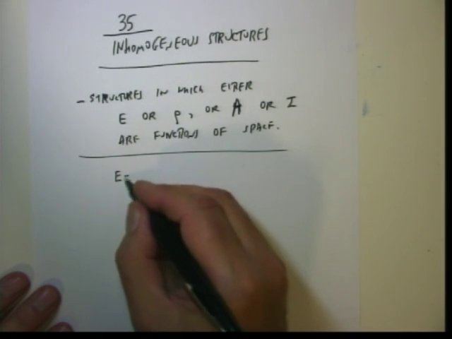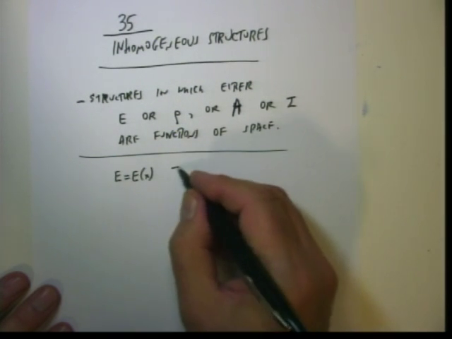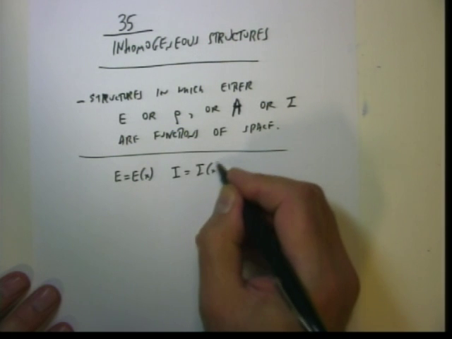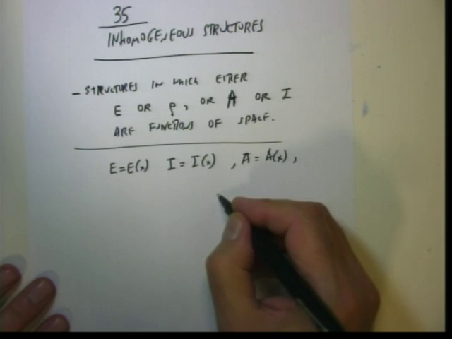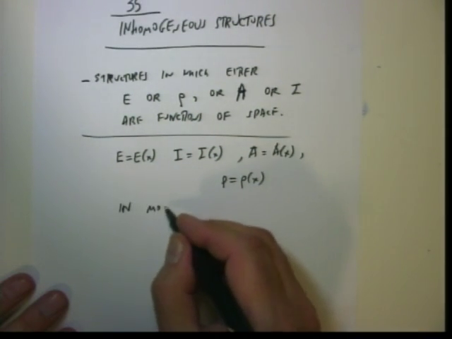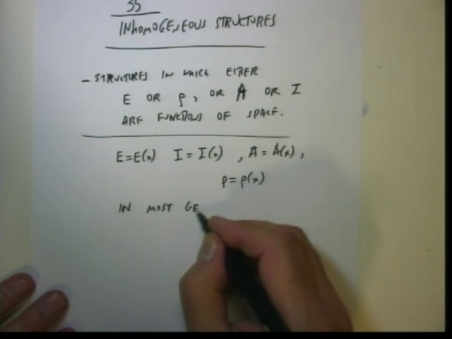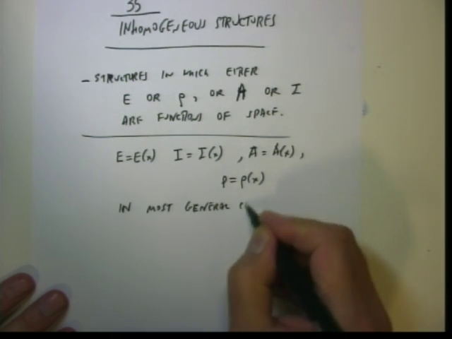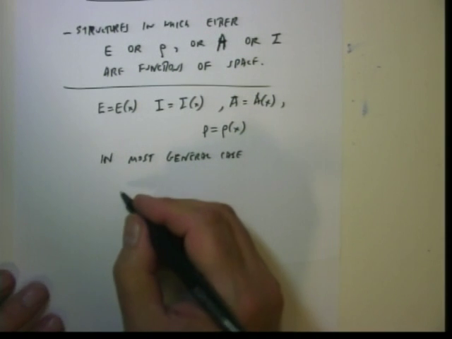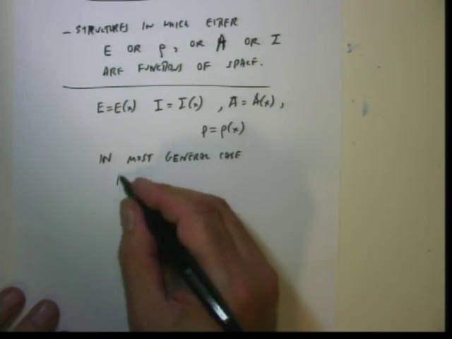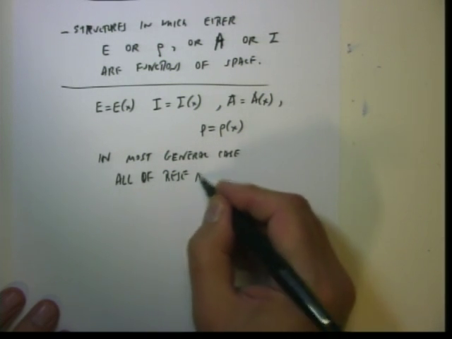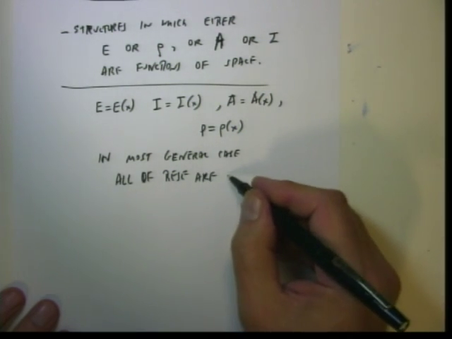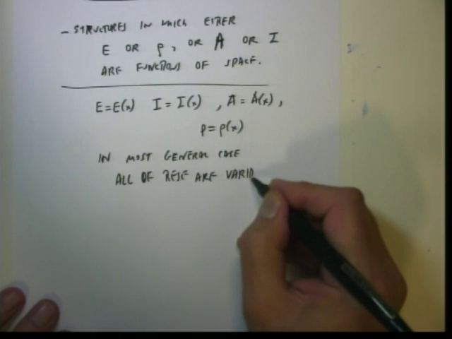Means E is a function of x, I is a function of x, A is a function of x, then rho is a function of x. So in the most general case, all of these are variables.